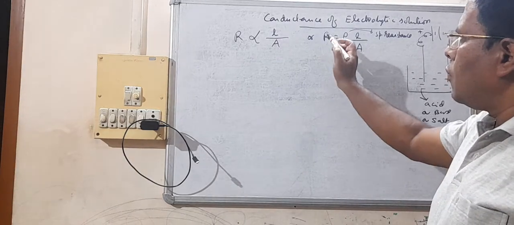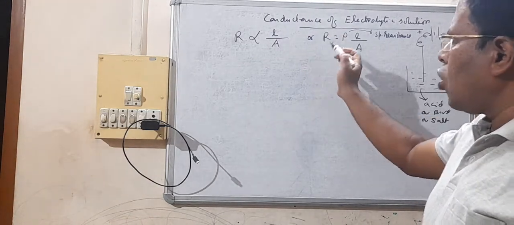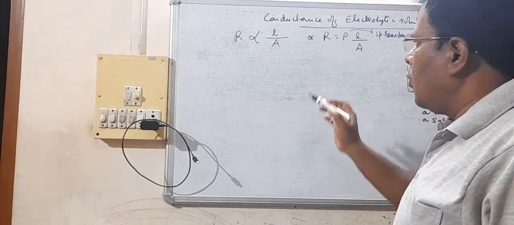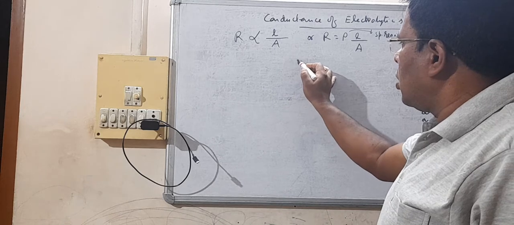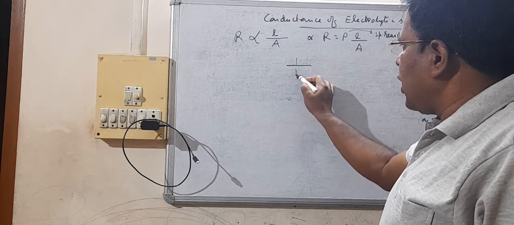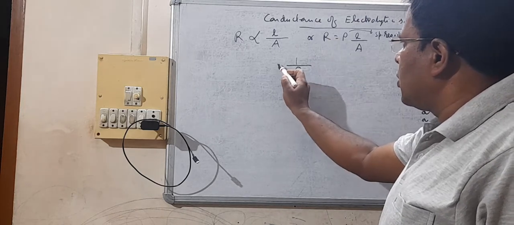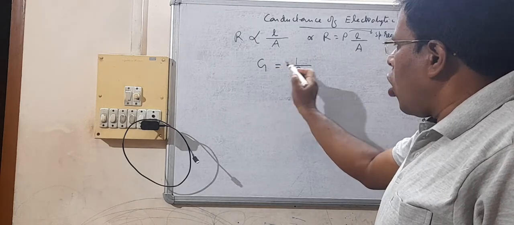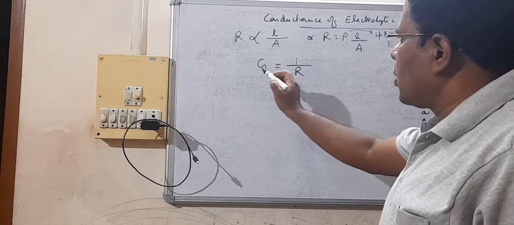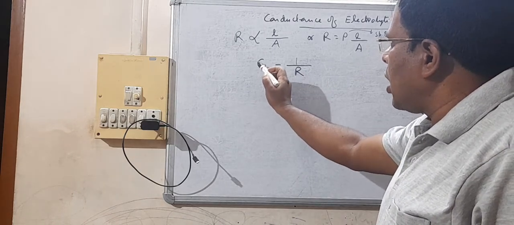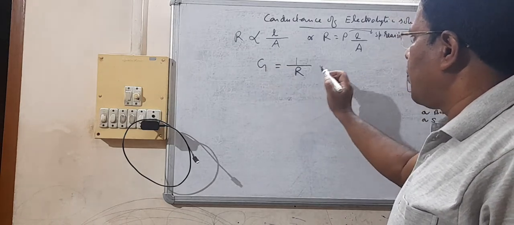Now we are not interested in resistance here. We are interested in a property called conductance, which is opposite of resistance, which is the reciprocal of resistance. So G is our conductance.